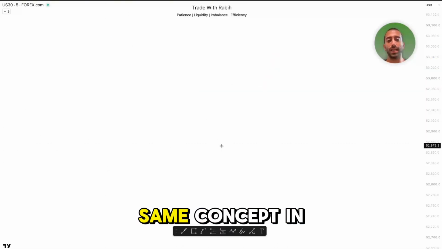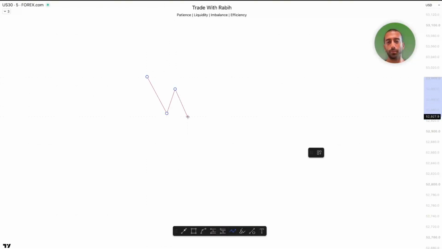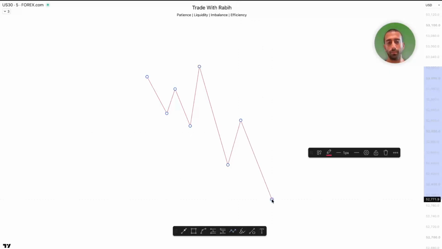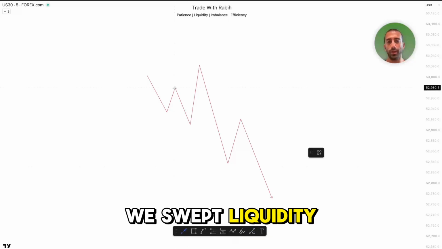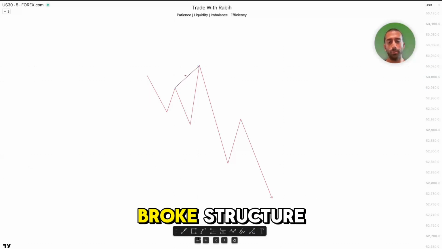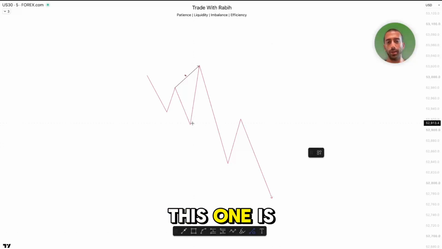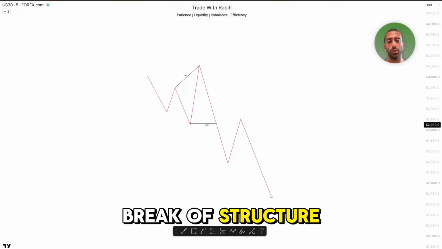Now, let me show you the same concept in a bearish trend. Okay, now here we swept liquidity, buy side liquidity, and then we broke structure. This one is a 100% valid break of structure.